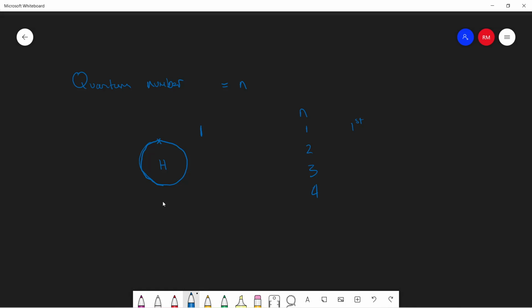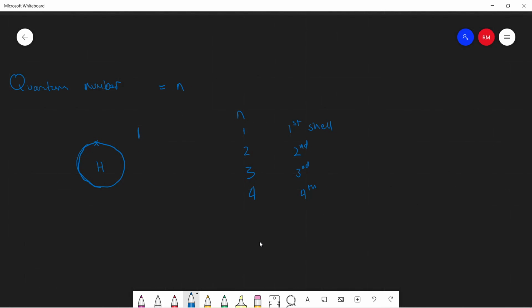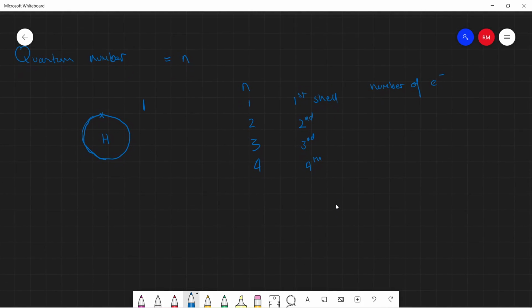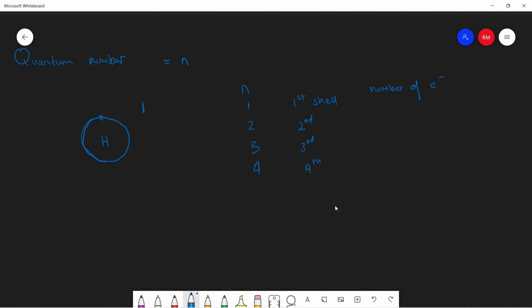This is obviously going to be the first shell, second, third, fourth, and so on. And really what we just want to find from this are the number of electrons in each shell.